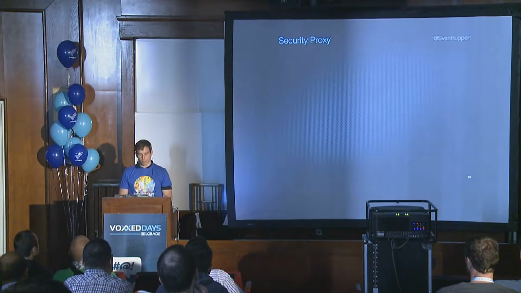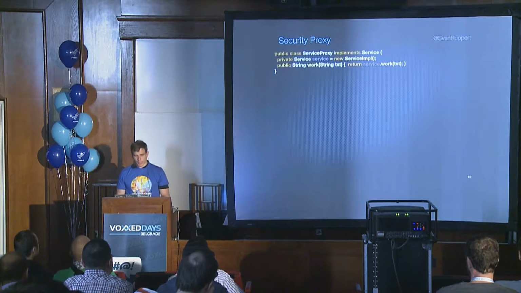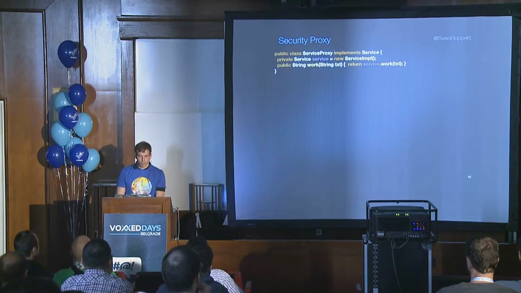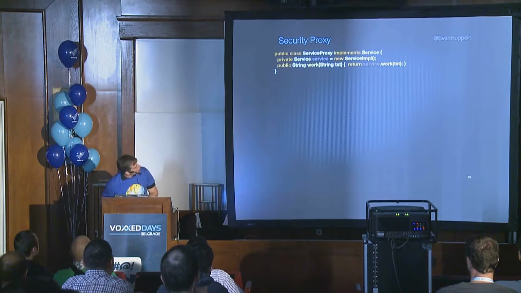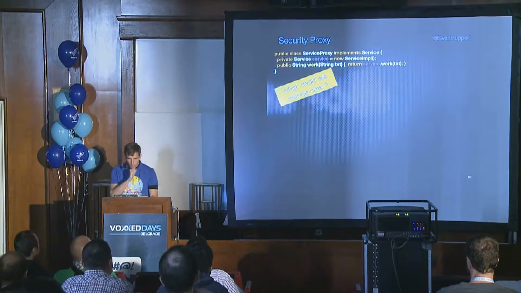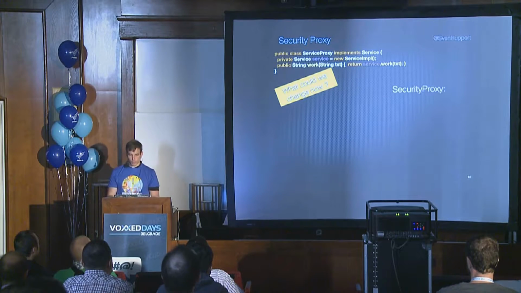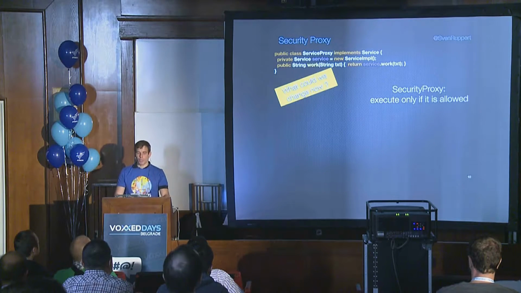One of the easy to understand is the security proxy. The security proxy is quite easy. If we see here, we have the original proxy, but what could we change now? The goal of a security proxy will be to execute only if it is allowed.